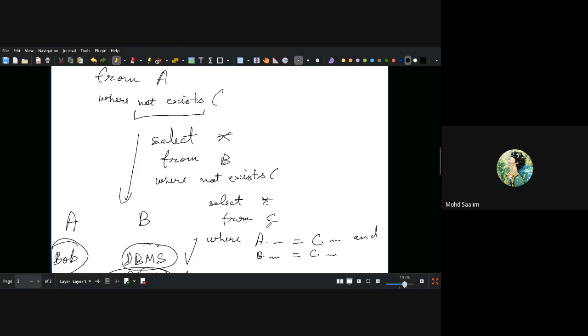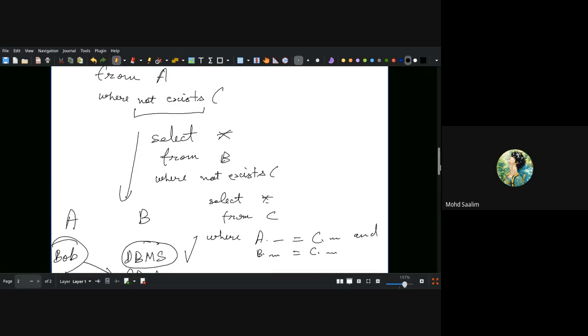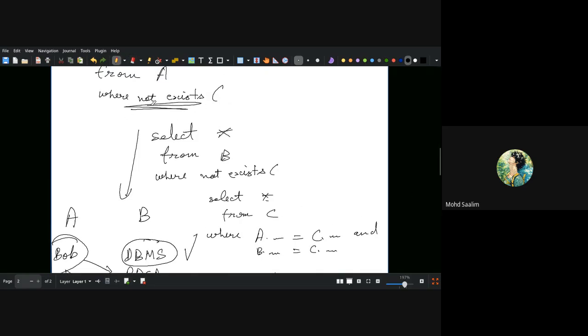False, right? Let's say PDSA is not selected, MLF is also not selected. Let's say Bob had taken PDSA, Bob had taken MLF. That means this not exists condition is not going to select them. Only DBMS is selected. Will this outer not exists return true only for DBMS?